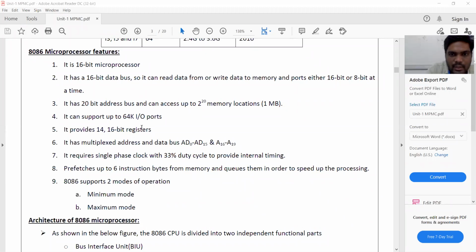So that speeds up the processor. Do not worry about that.